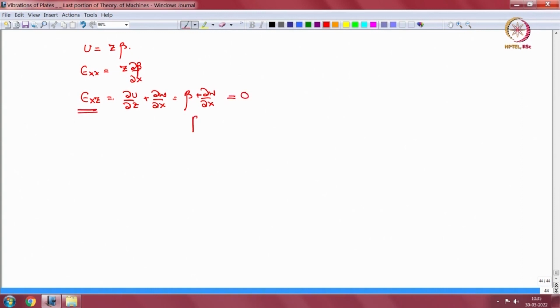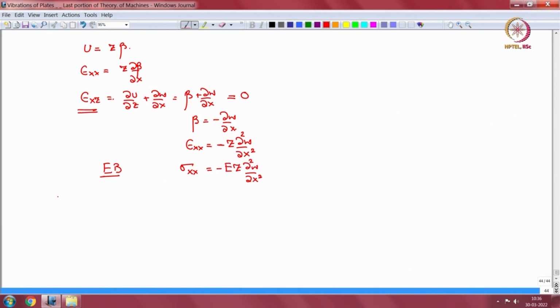That gives beta equal to minus del w by del x, which means epsilon xx is minus z del 2 w by del x square, and sigma xx based on Euler-Bernoulli theory is minus E z del 2 w by del x square.